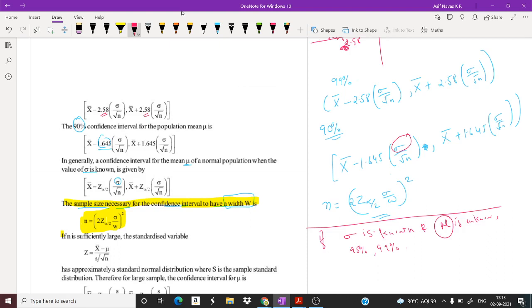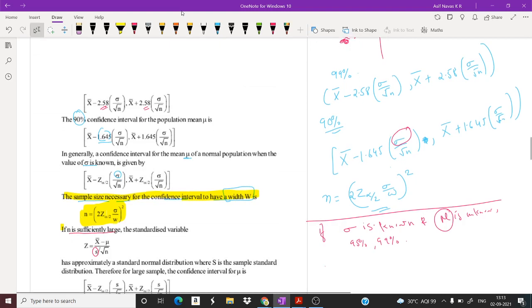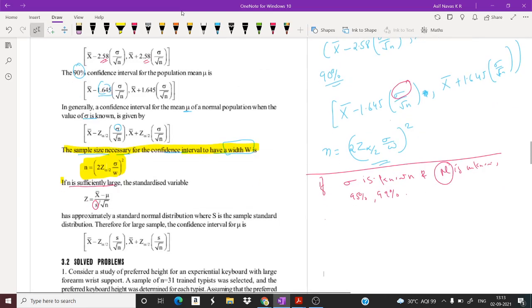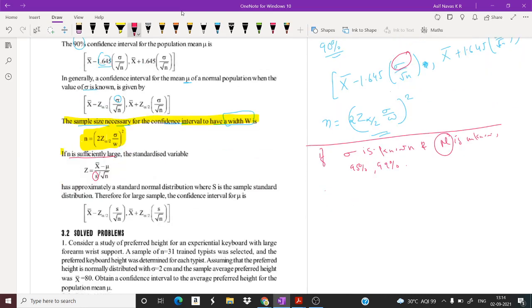We don't know what the mean is. Now if n is sufficiently large, even if we don't know the population standard deviation, we can still use the sample standard deviation. If the number of samples is very large, you can use the sample standard deviation.